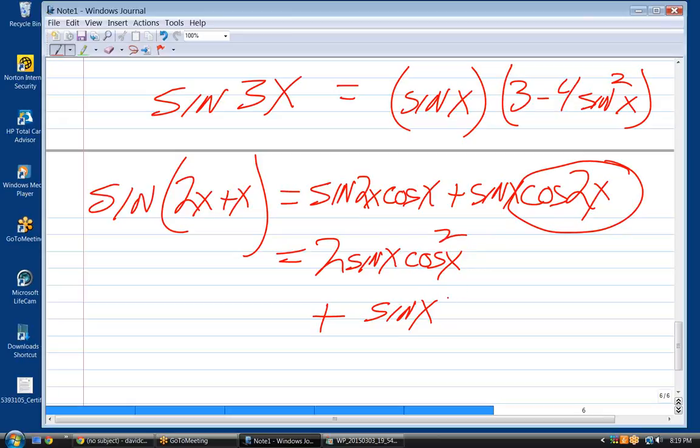Cosine of 2x is equal to what? What was the third identity? You gave it to me just a second ago. What's the identity that uses cosine squared?